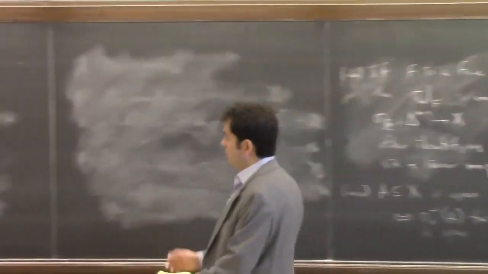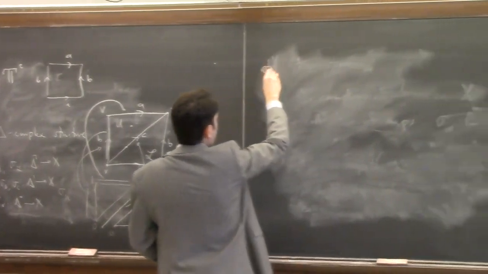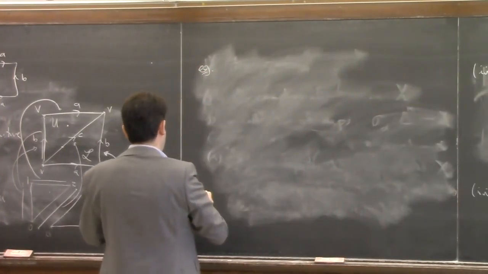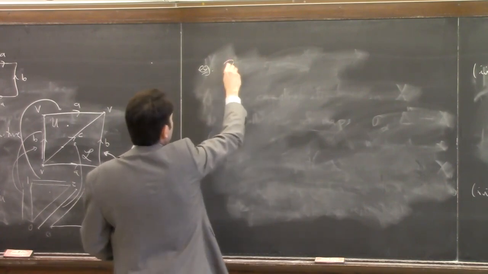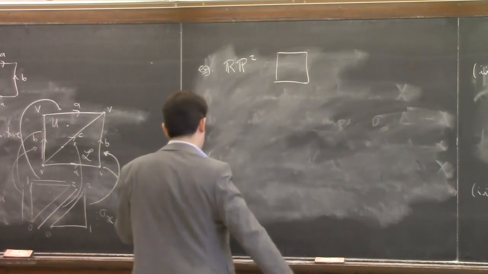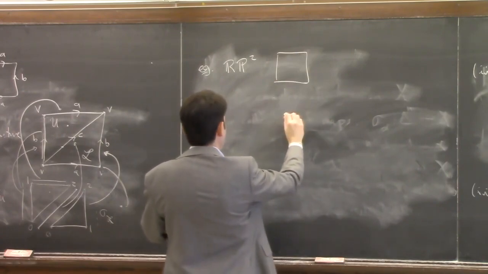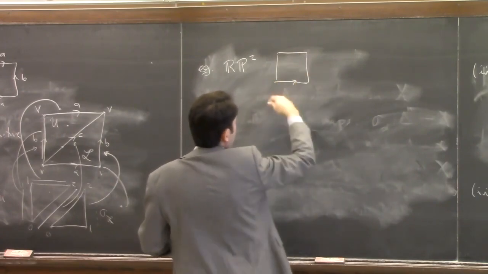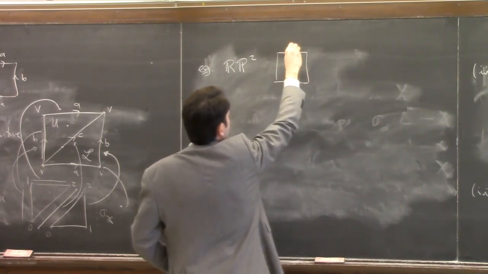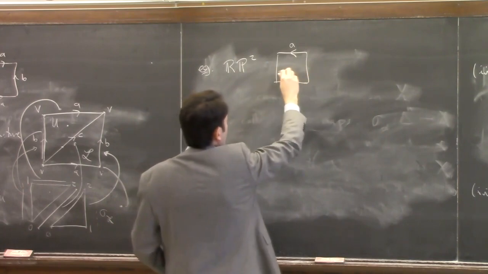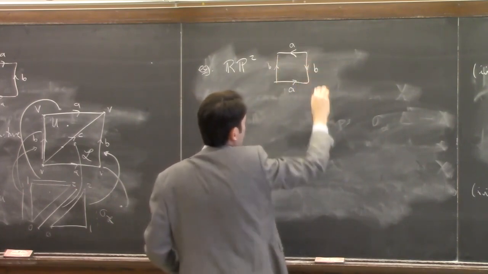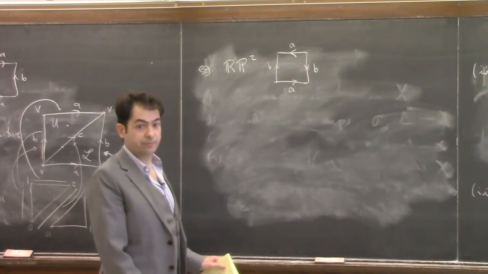Okay, here are a couple more examples, still on surfaces so that we can just draw representation spaces. So RP2, here the usual identification space. You think of this as a disk, and then you are identifying antipodal points, so each edge gets identified with the opposite edge, but with the opposite orientation.